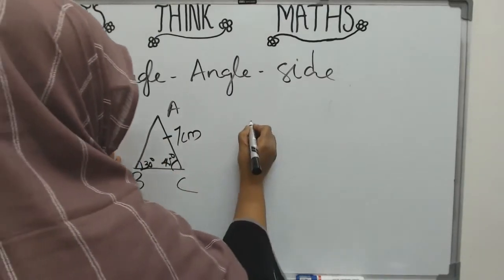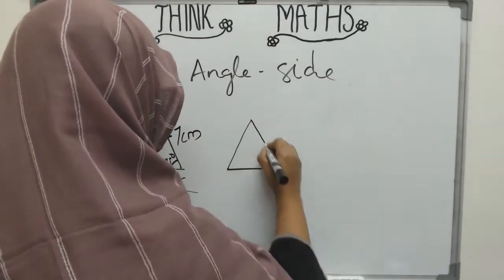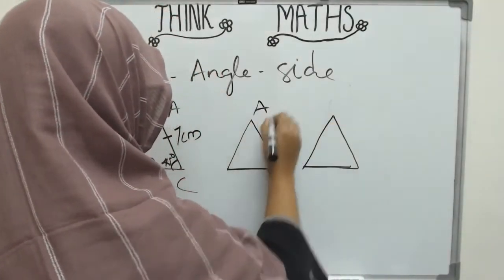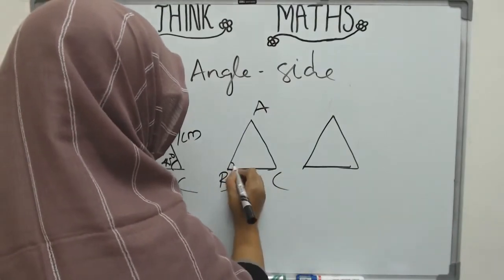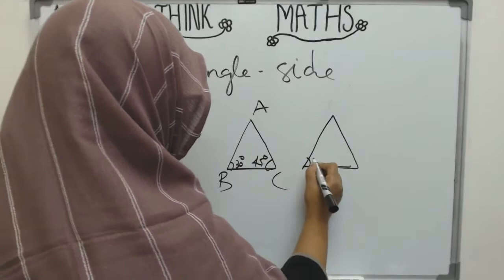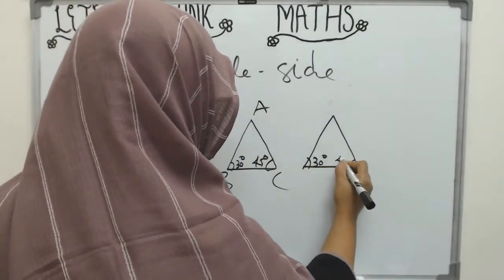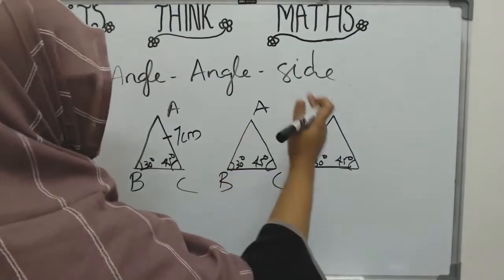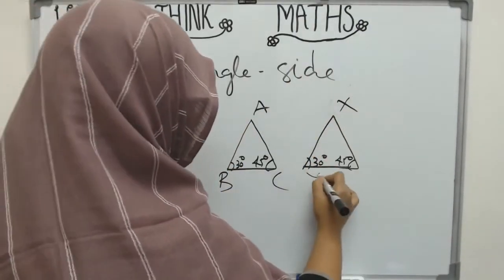For example, if you have two triangles, suppose this is 30 and this is 45, and suppose this is 30 and this is 45, automatically it would mean that the third angle is also equal. Why would that be?